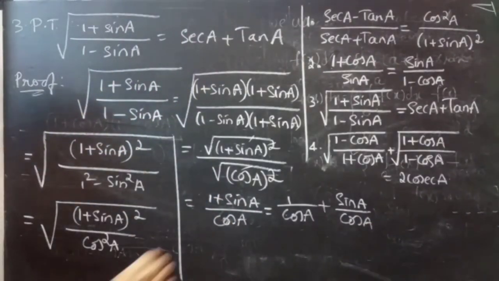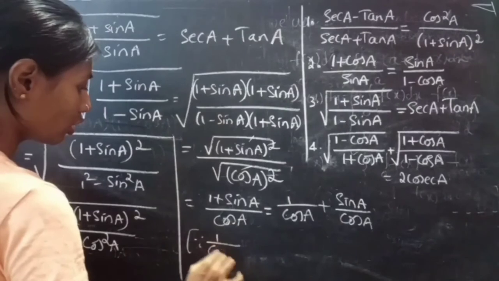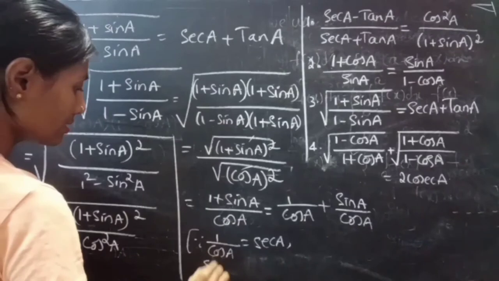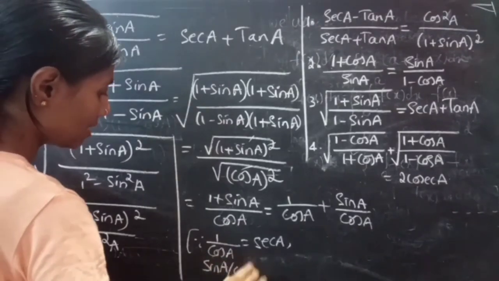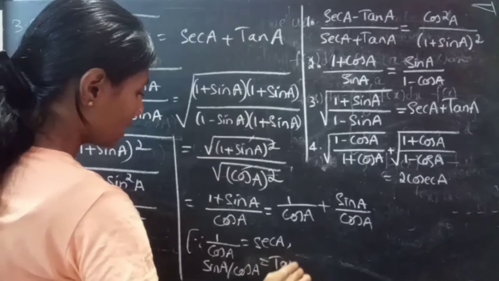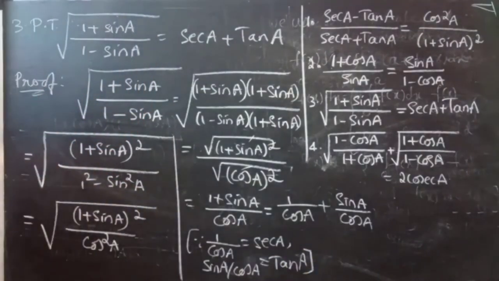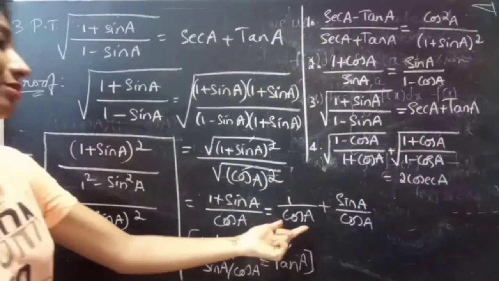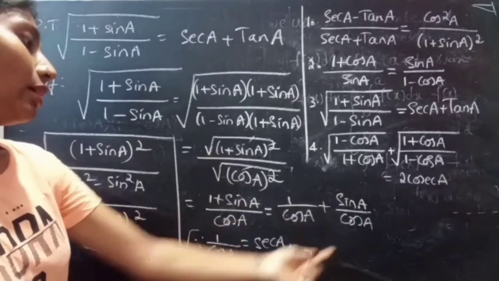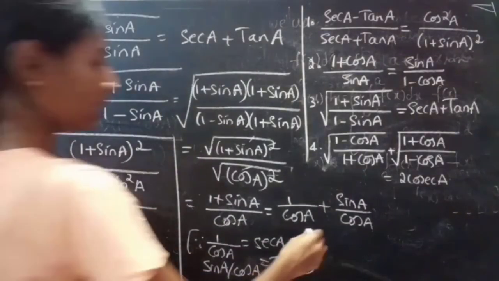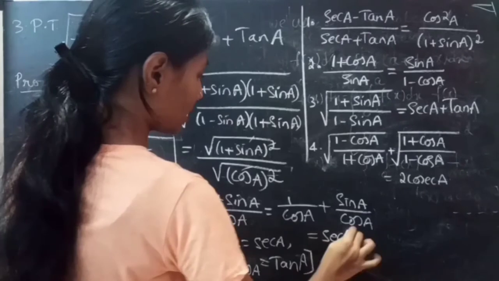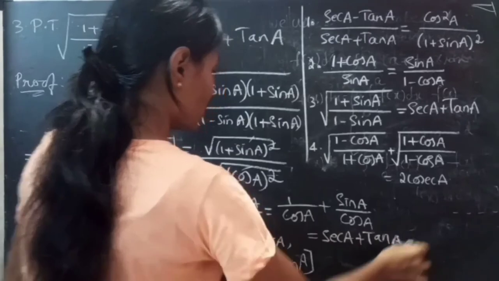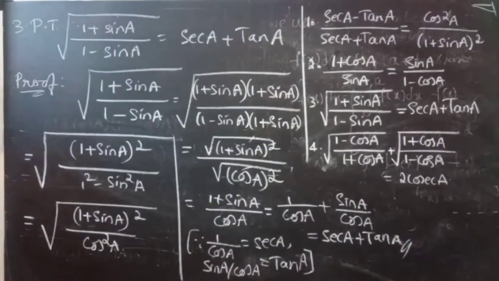Since the reciprocal of cos A is secant A and sin A by cos A is tan A, if you replace 1 by cos A with secant A and sin by cos with tan A, you'll get secant A plus tan A, which results in the RHS.